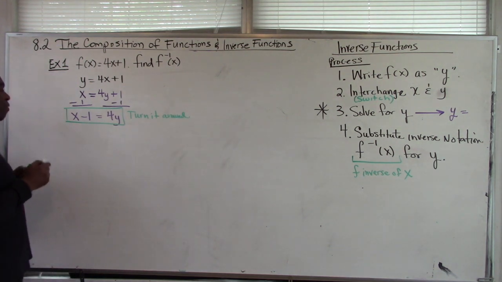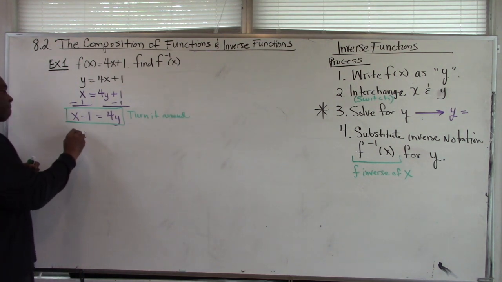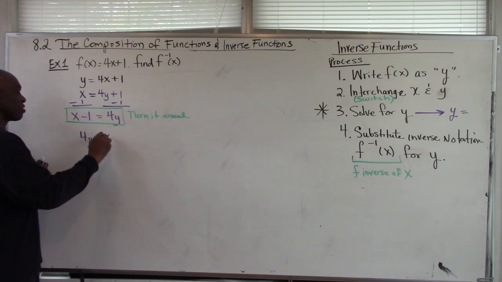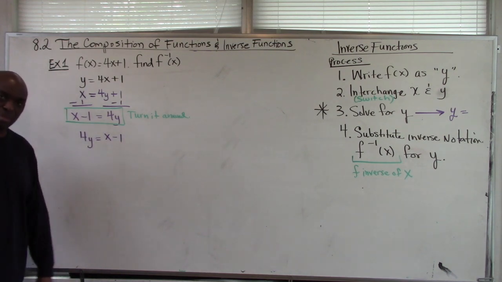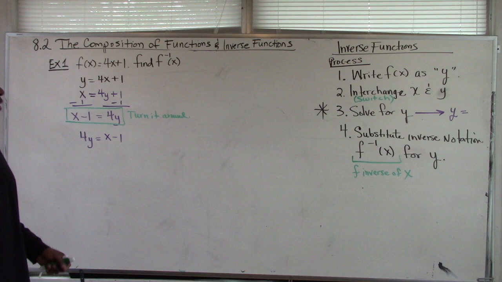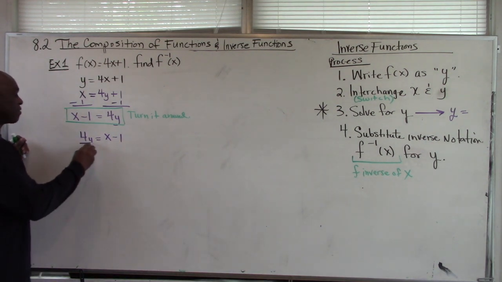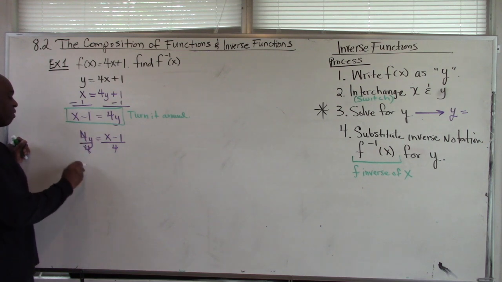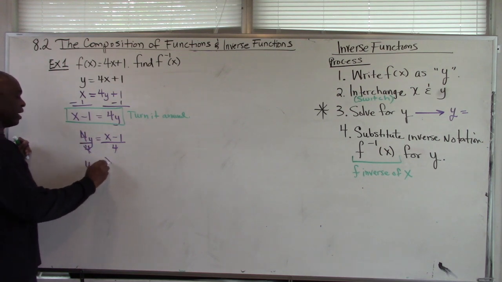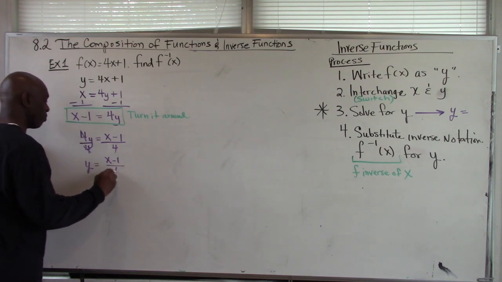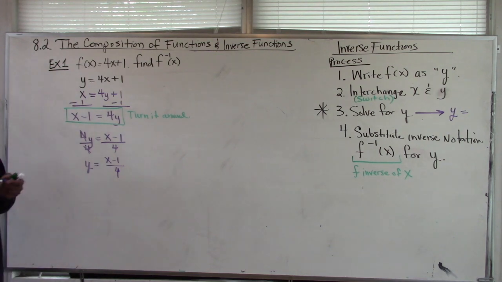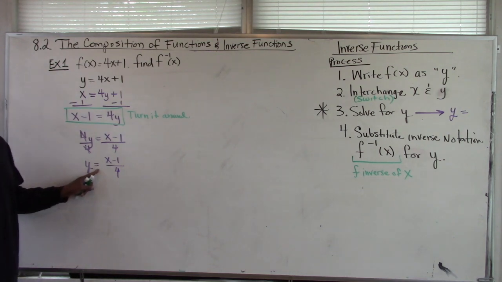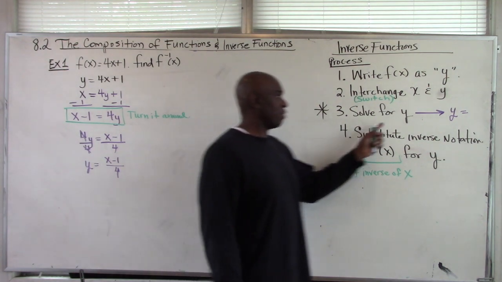And now I want to write it as 4y equal x minus 1. That's better. And now divide both sides by 4. 4's cancel out. I have y equal x minus 1 over 4. That's it. I have solved it for y.